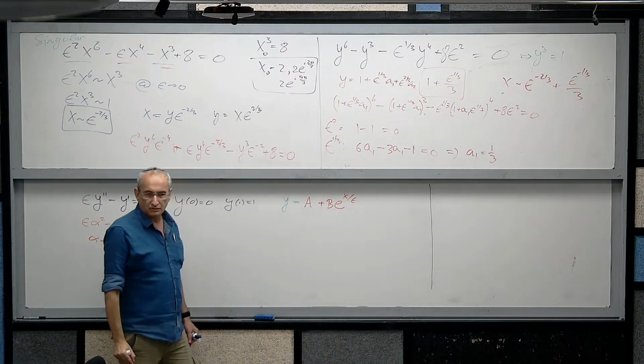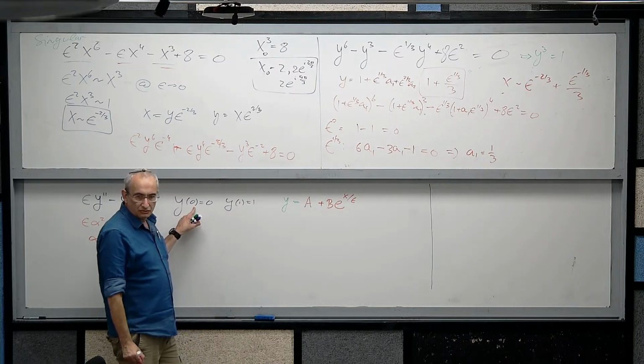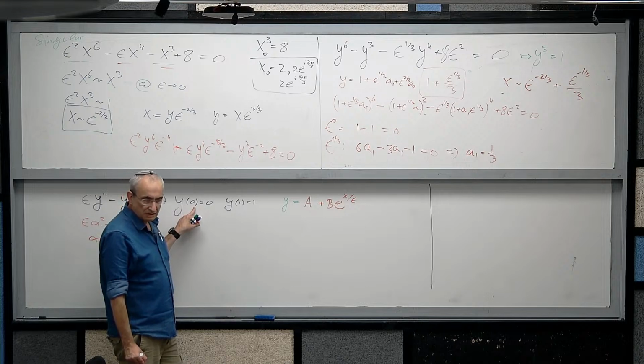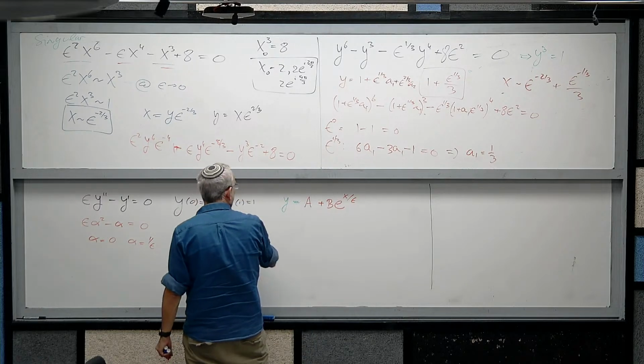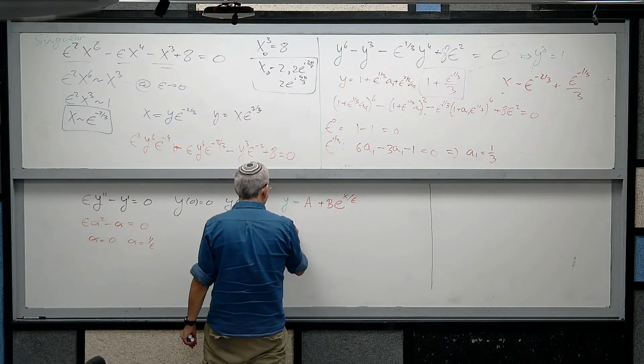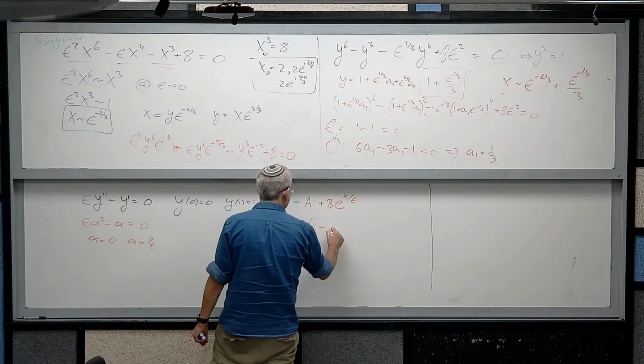That's the general solution. Now I have to determine a and b by satisfying the boundary conditions. We want it to be 0 at 0, which implies that y is equal to a times 1 minus e to the x over epsilon.